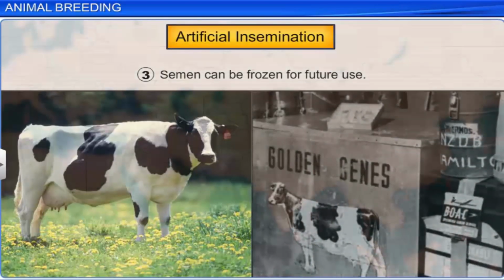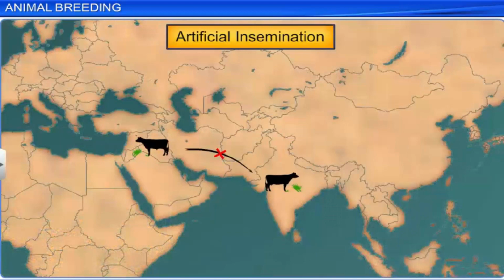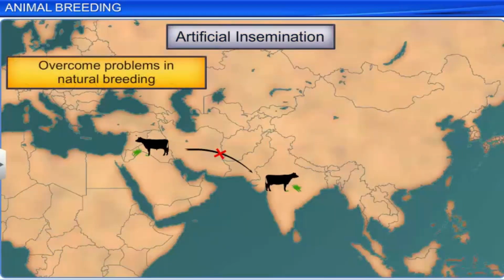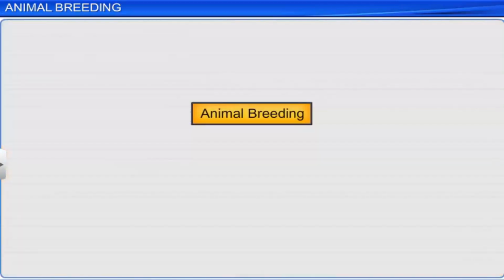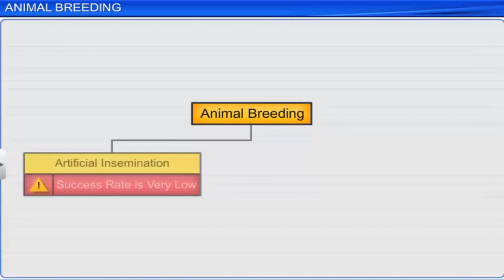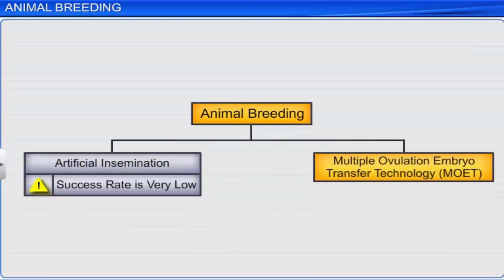Thus, artificial insemination is carried out to overcome problems in natural breeding and also to carry out mating between animals that are geographically separated. However, the success of animal breeding using artificial insemination is low, and so new techniques like multiple ovulation embryo transfer technology, or MOET, were developed.